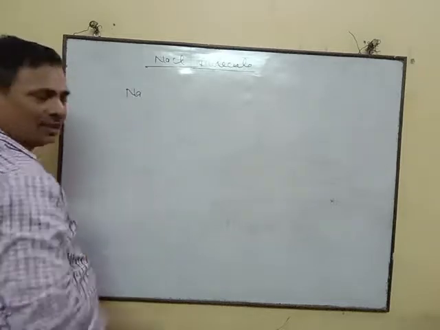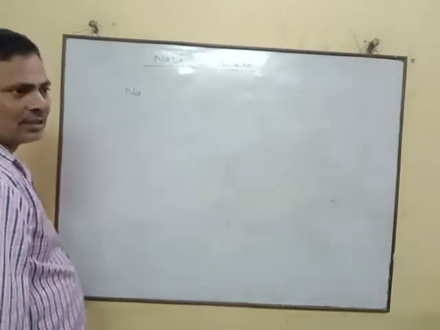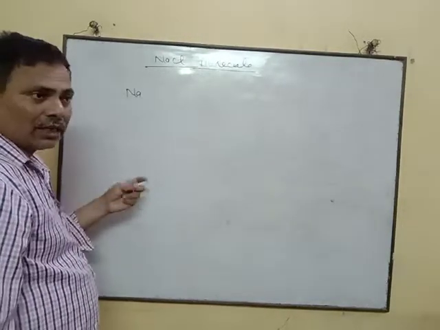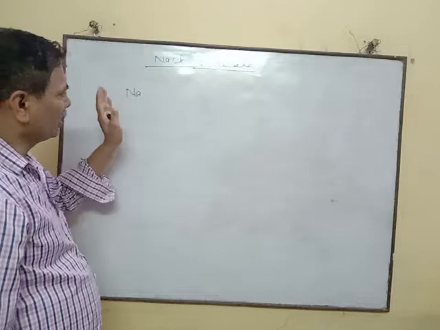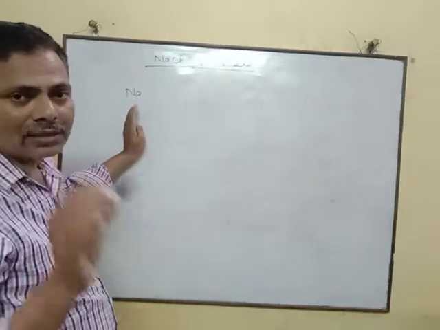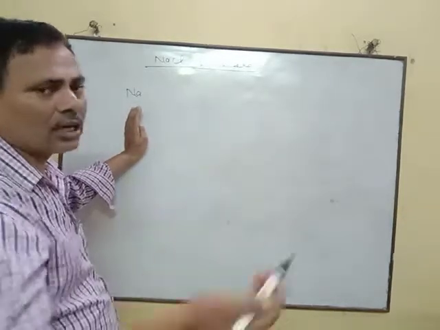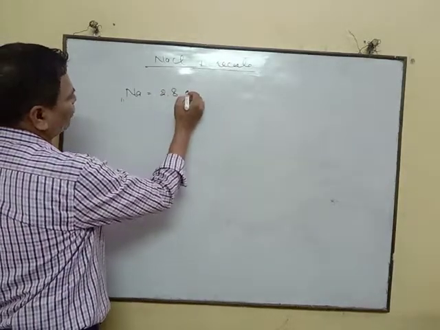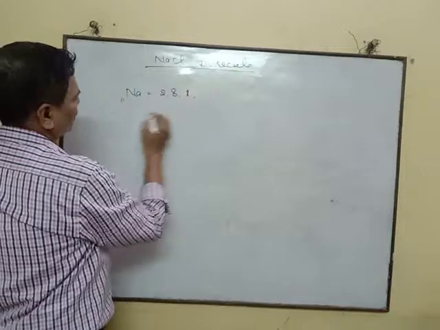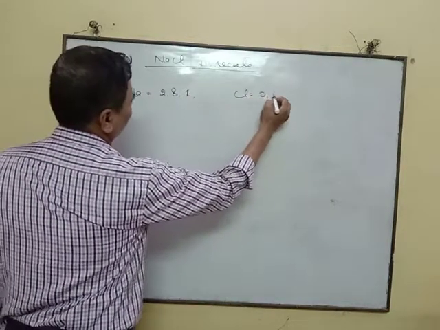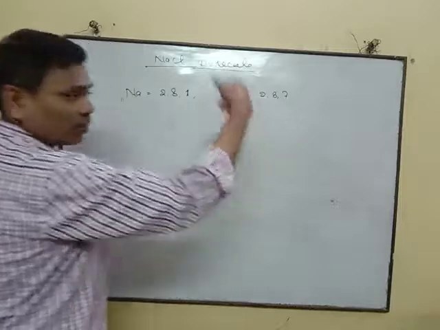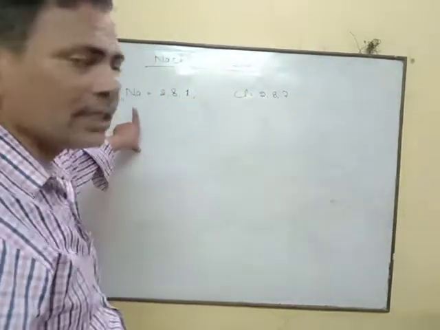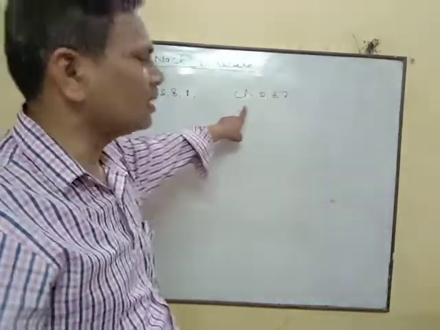Sodium is an alkali metal present in group 1A, so it has low ionization enthalpy and can lose the electron easily. Its electronic configuration is 2,8,1, and chlorine is 2,8,7. Chlorine is a halogen present in group 17, and sodium is present in group 1. Sodium is a metal and chlorine is a non-metal.